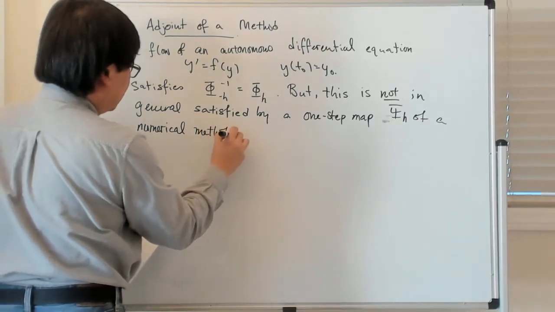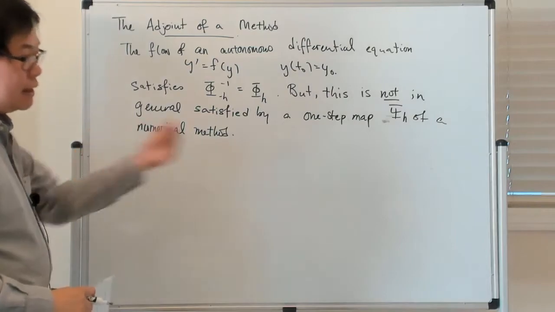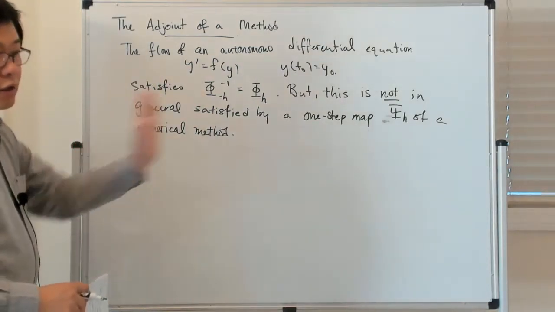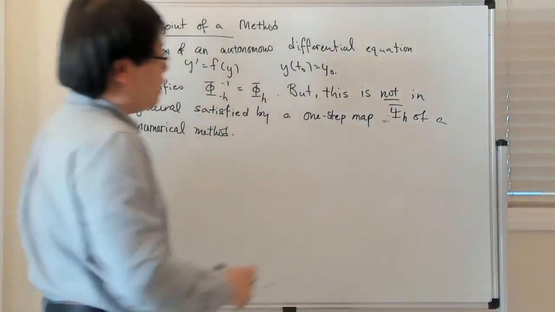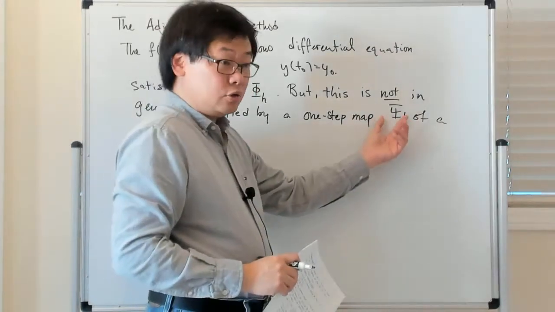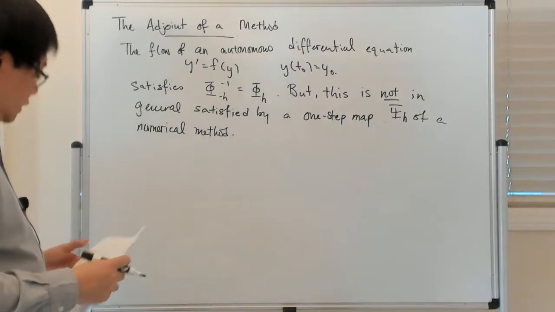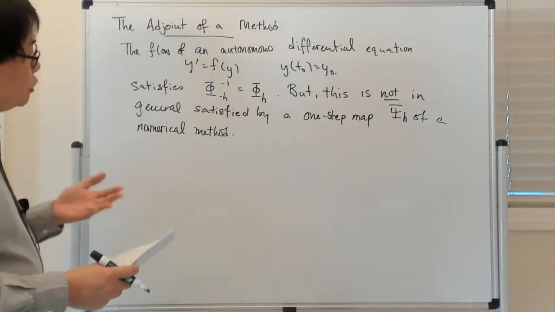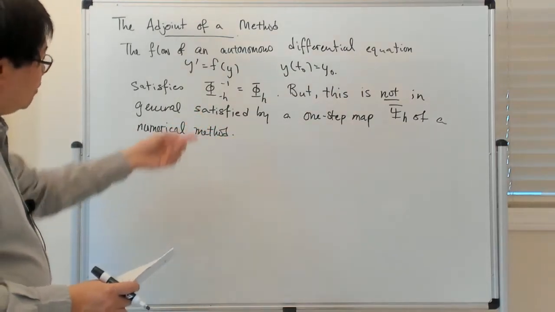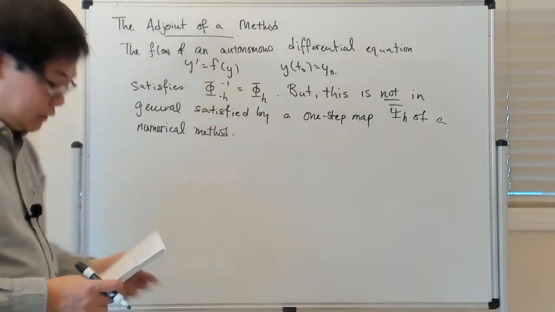So the point is that even though it's like the exact flow map, there's a property that taking a negative step size and then taking the inverse of that corresponding map gives you the forward time version of the map. The same is not necessarily true when you do that for some numerical one-step method. So then we're going to define the adjoint of that method, by looking at this construction where you take a negative time step and you take the inverse of that map.